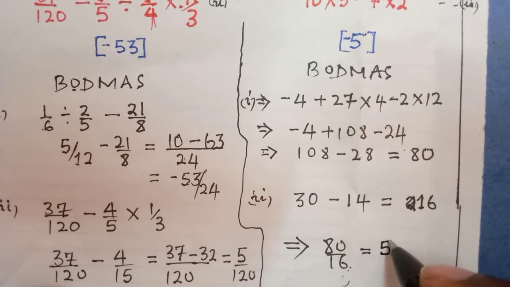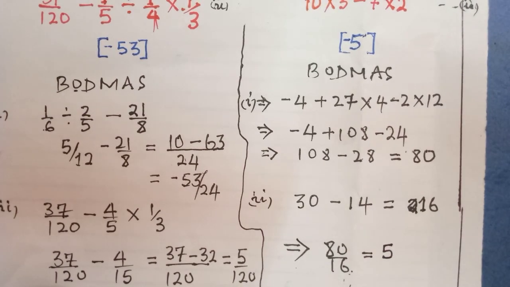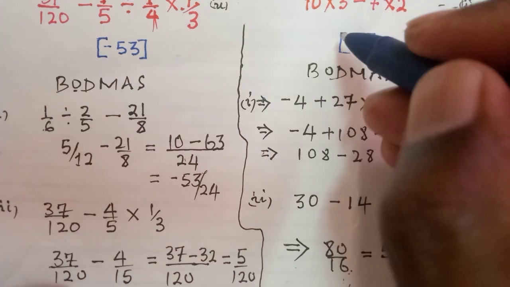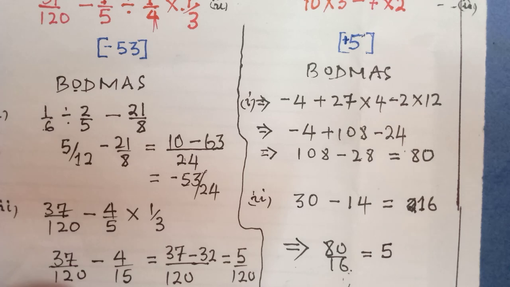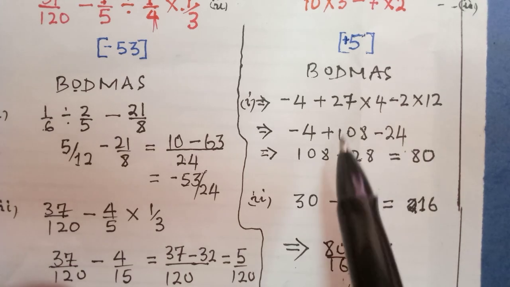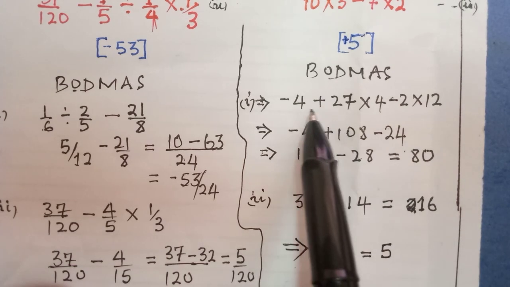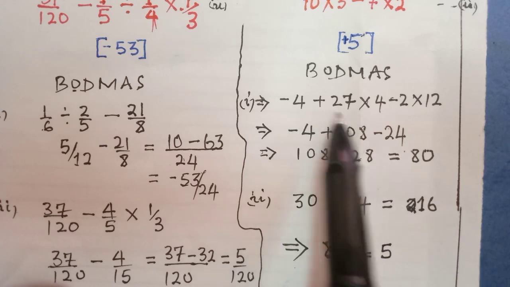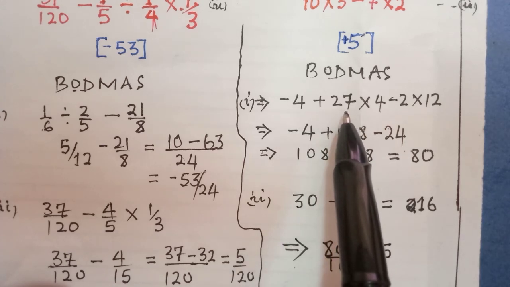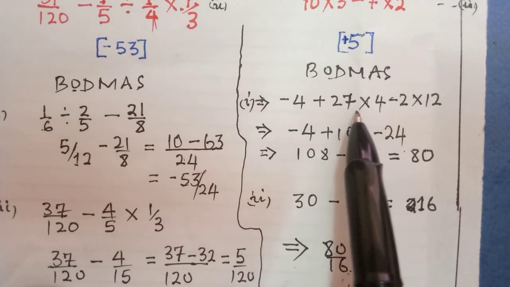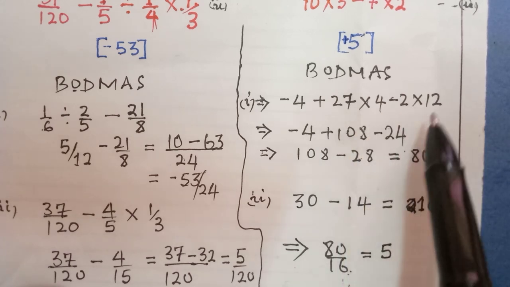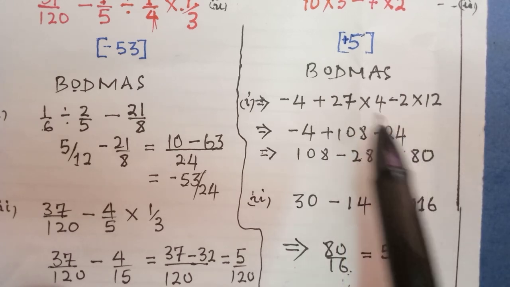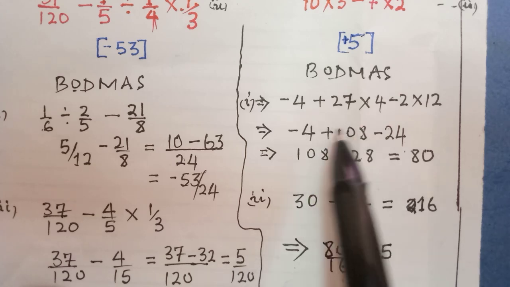So I can actually correct myself, guys, that this one was supposed to be a plus, because I don't see where we've made any mistake. If we start here, we have minus 4 here, then here we have 27 times 4. This is now going to be minus 24 there. Here we have plus 108.